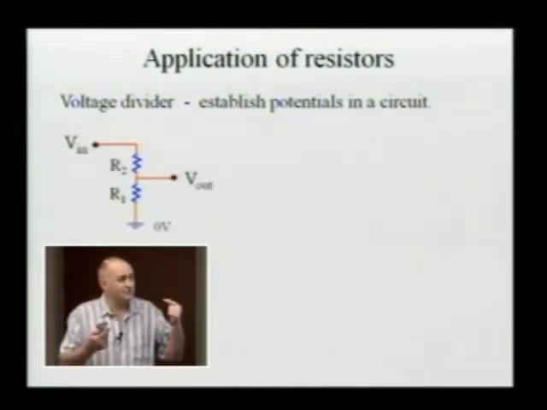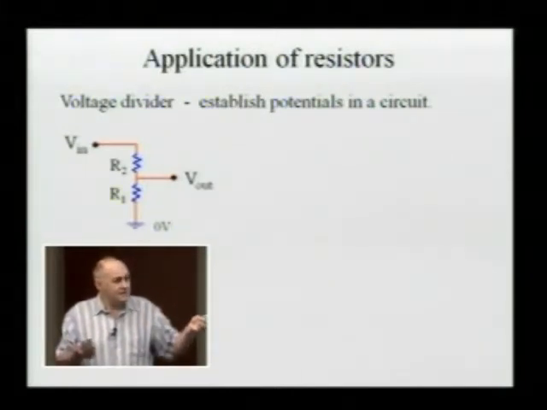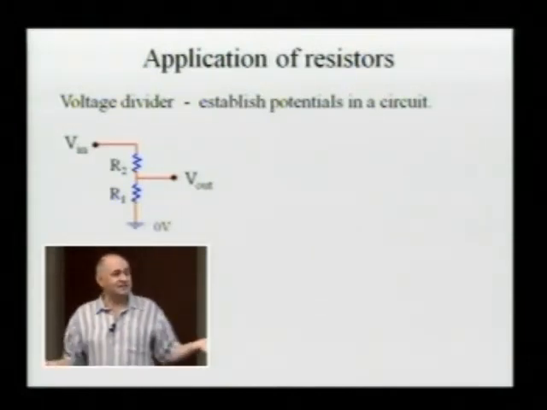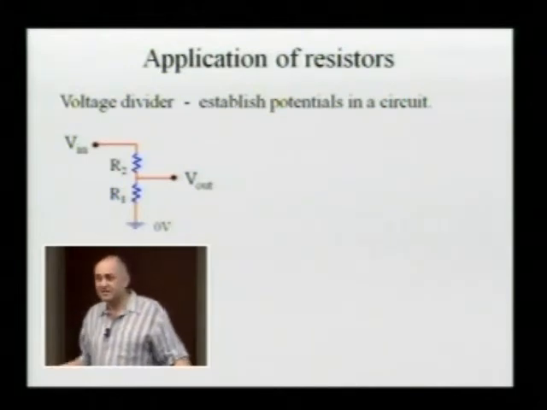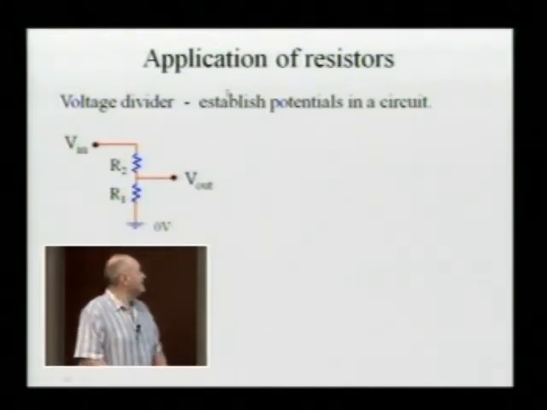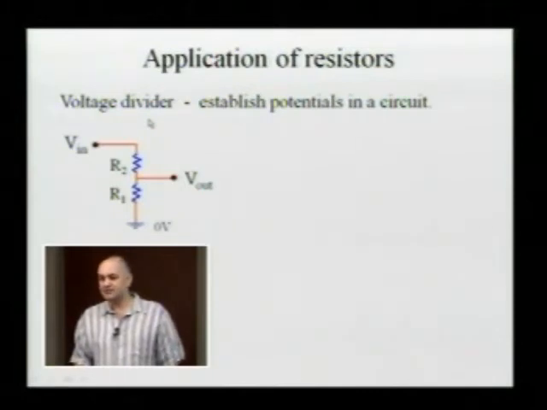So we have to make sure that potential at the base is half a volt compared with the lowest potential in the circuit rather than 9 volts. Well, how do we do it? With resistors. We use an arrangement which is referred to as a voltage divider.